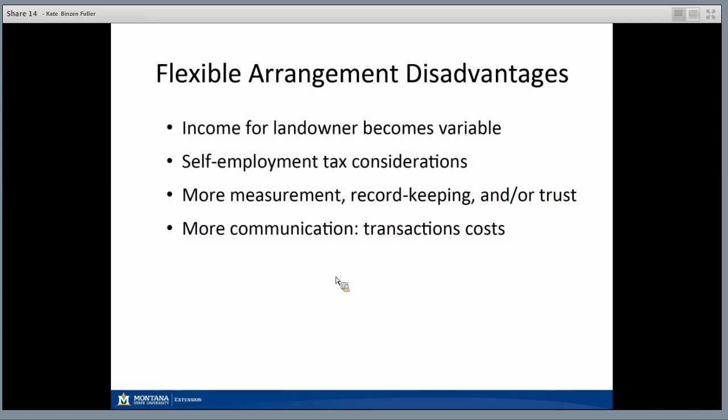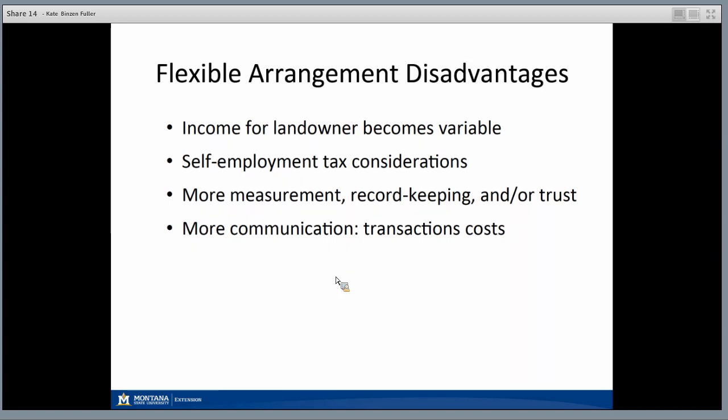So back when I showed the list of those 3 different types of leases, and I said that the bottom 2, or the variable rate leases, the landlord shares in the price or production risk. Well, those are ways that the landlord can be considered an active participant in the operation, which can leave you open to self-employment taxes. So it's a good idea to talk to your accountant about that.